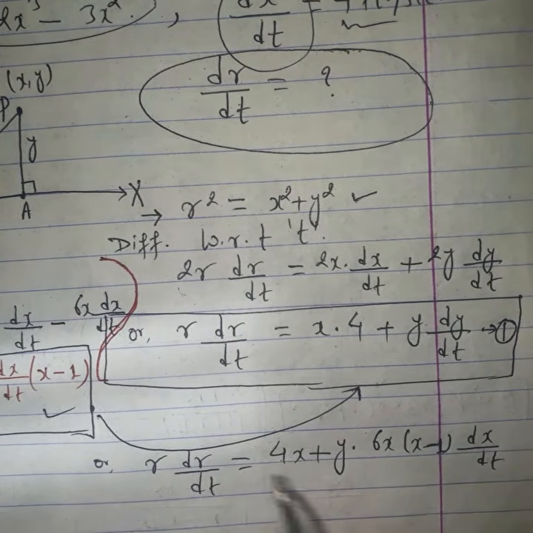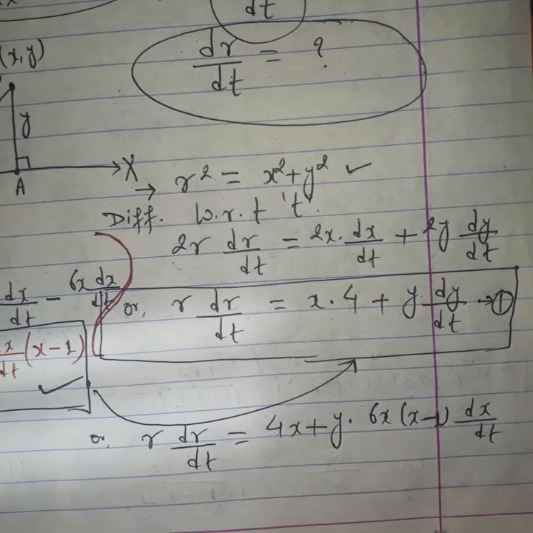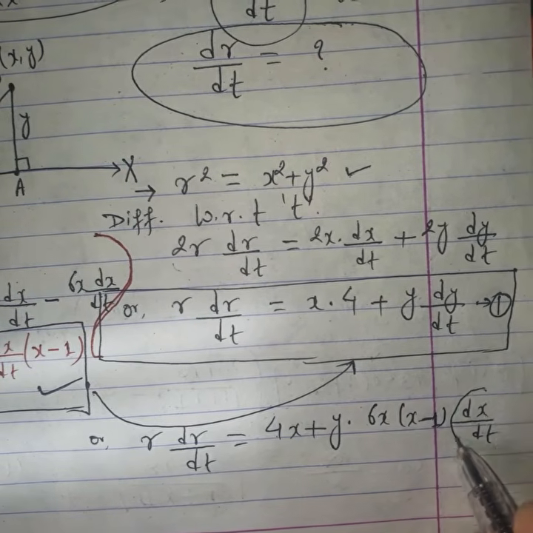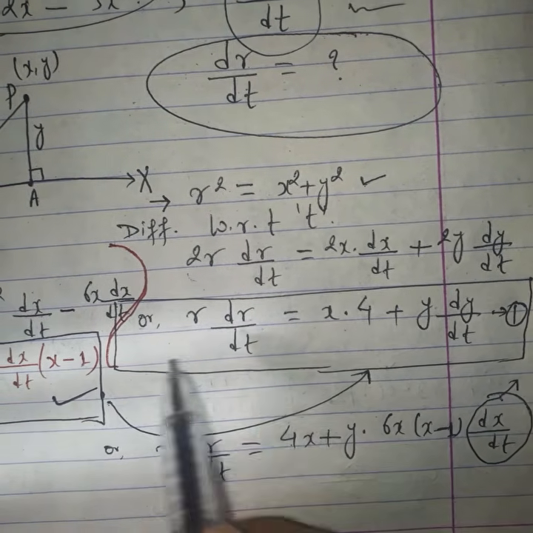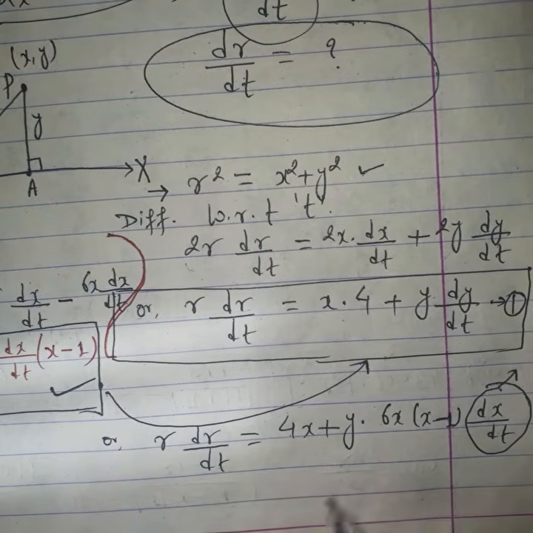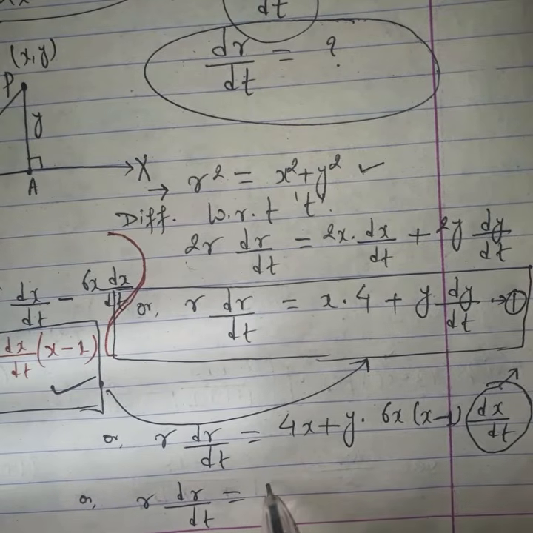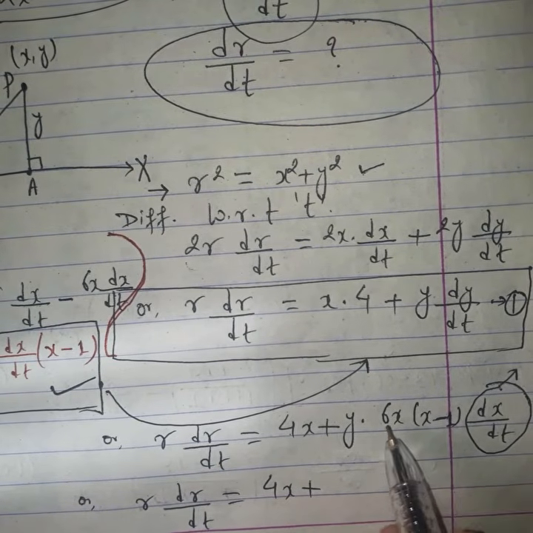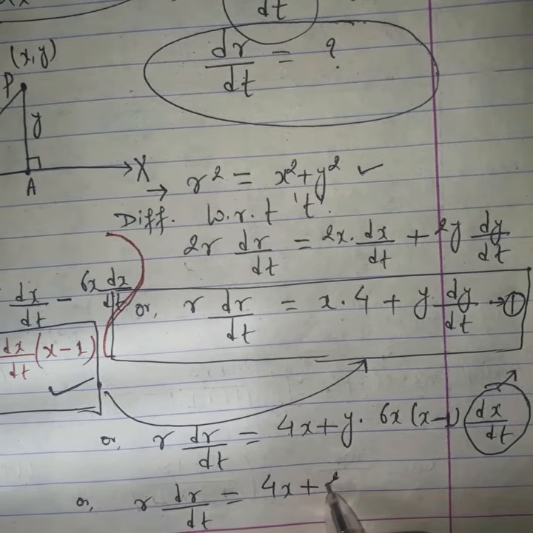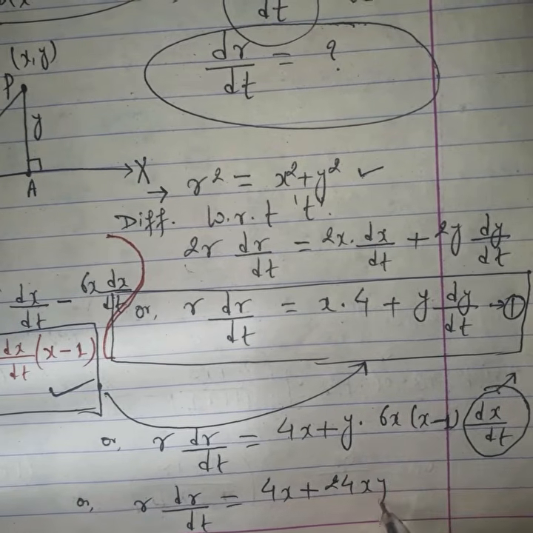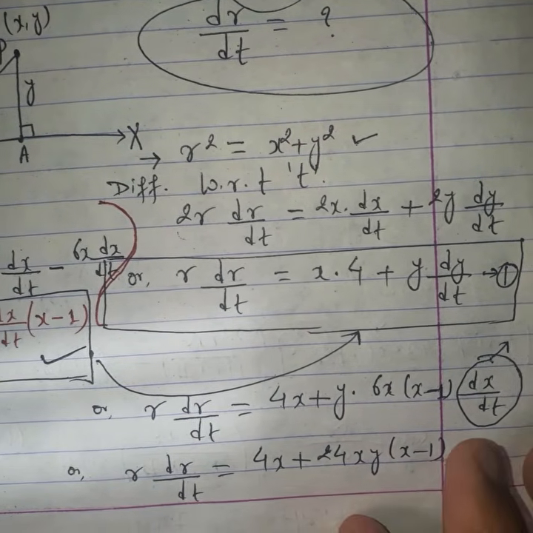In this step we substitute this value of dy over dt in equation first, and the value of dx over dt is given as 4. So r times dr over dt equals 4x plus 4 times 6 gives 24, x, y, x minus 1. Here we finally obtain this relation.